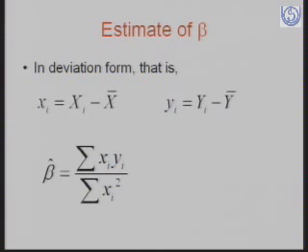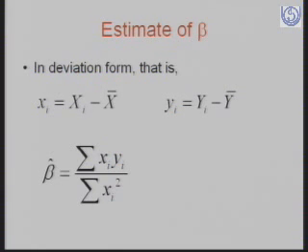If I prepare a table and find out the xi and yi in deviation form, then I find the product of these two variables xi and yi, and in a third column I find out the xi square, the square of the deviation of the independent variable. So beta cap is equal to summation xi yi divided by summation xi square. That is the estimate for beta.